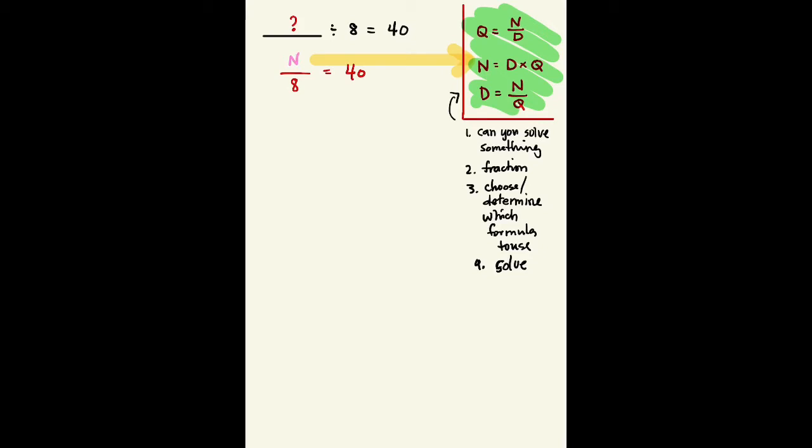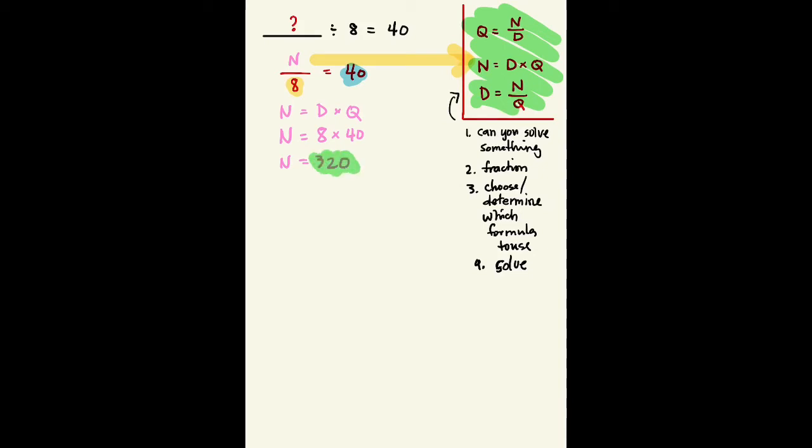So n is equal to d times q. What is the denominator? The denominator is 8, times q. What is the quotient? The quotient is the answer to a division problem. So the quotient is 40. So n is equal to 320.